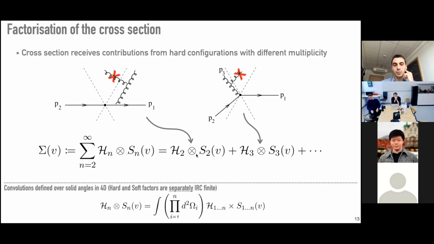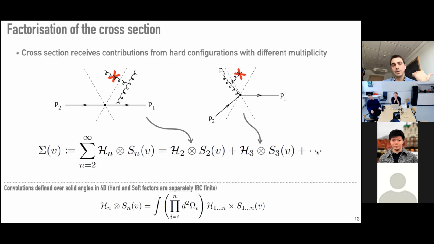This is convoluted, which is an integral over the angles of these hard particles, with a soft factor S2 that essentially, starting from this QQ bar back-to-back configuration, adds an ensemble of soft radiation. Then in addition, the next term will be a term with three hard partons in the jets, with the emission of a hard gluon, that is convoluted with a soft factor that now sees three different light directions, and so on and so forth.